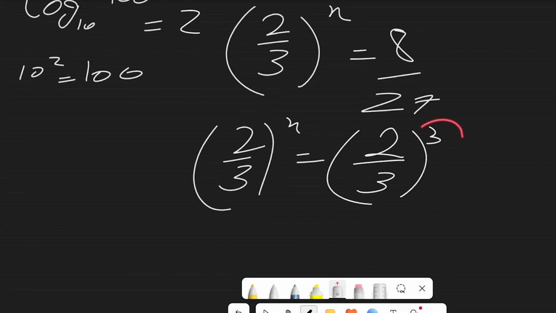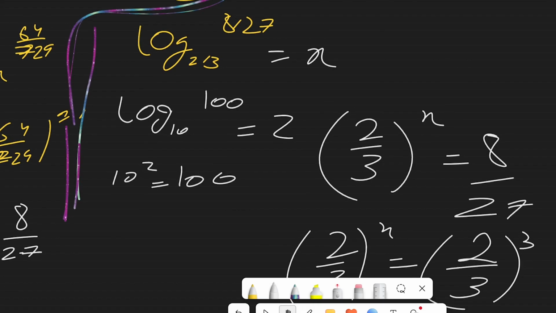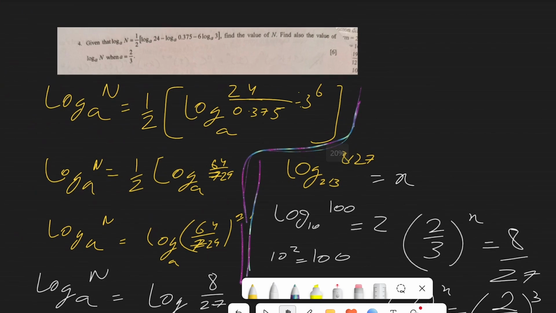The cube is right. So what is x? x would be 3. So this is the answer. Log of n to the base a would be equal to 3.